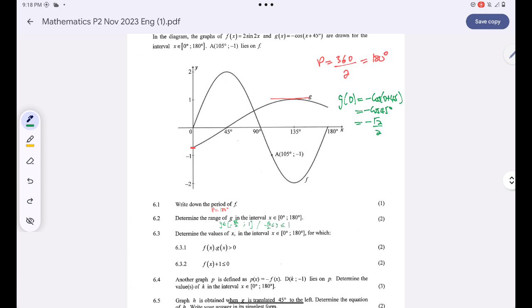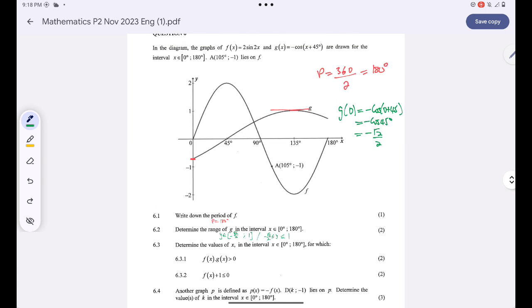It simply means that I'm multiplying two things that have the same sign. Are you together? However, g and f represent y. So I'm basically looking for the values of x whereby both of my graphs are above the x-axis simultaneously, or they are below the x-axis simultaneously.